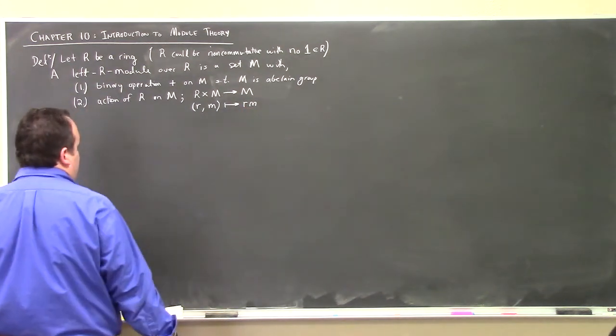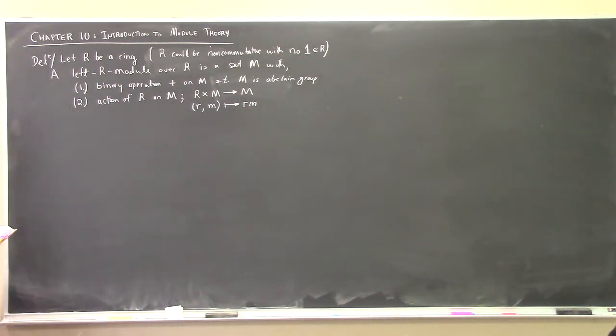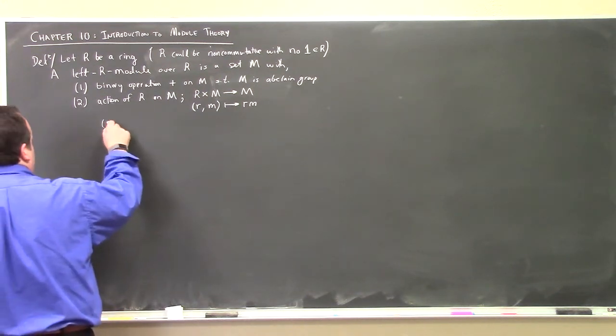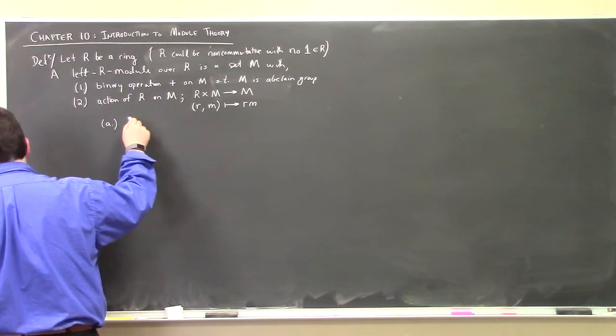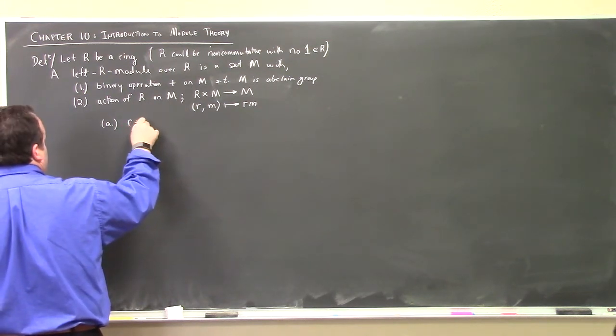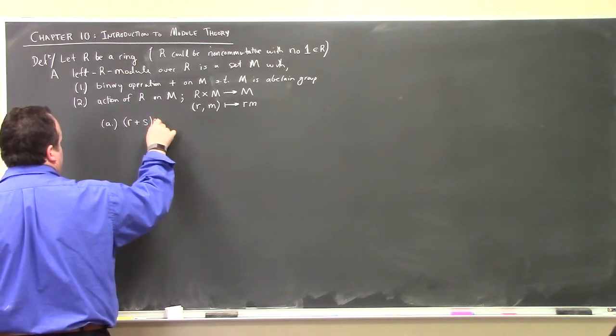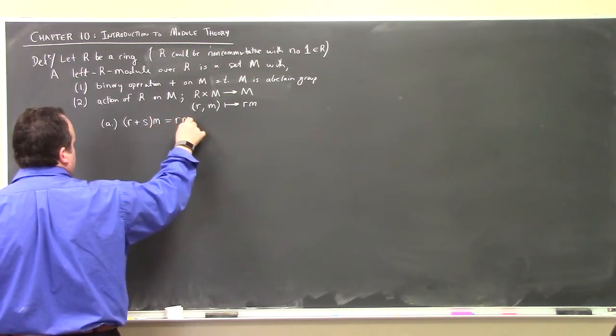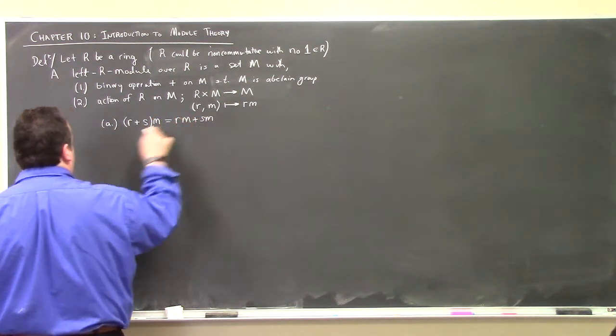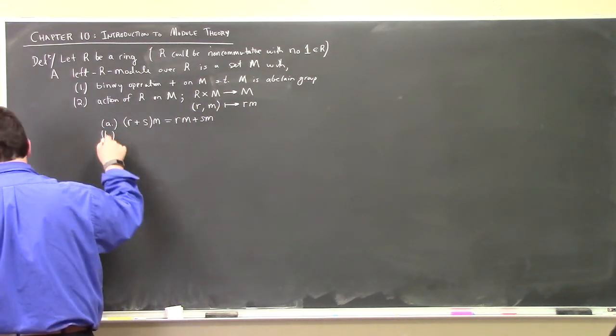So we're going to use juxtaposition to denote that action. All right, and this action satisfies a couple rules. First of all, (r plus s) acting on m is r acting on m plus s acting on m. So you have that distribution rule.